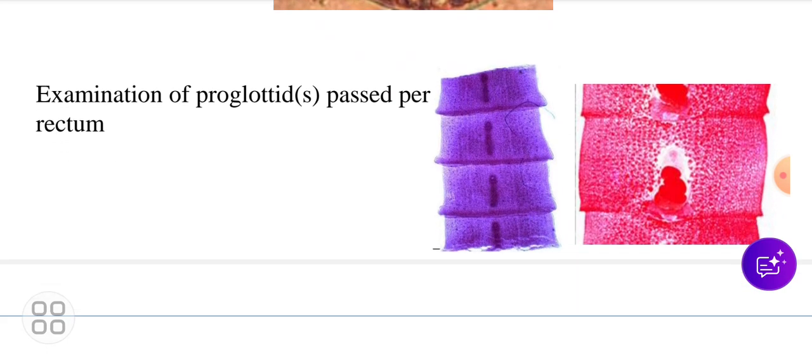Also, if a segment or a chain of segments are passing in stool, we can examine that, and here we see that the worm is broader than taller. You see a segment, you look here.